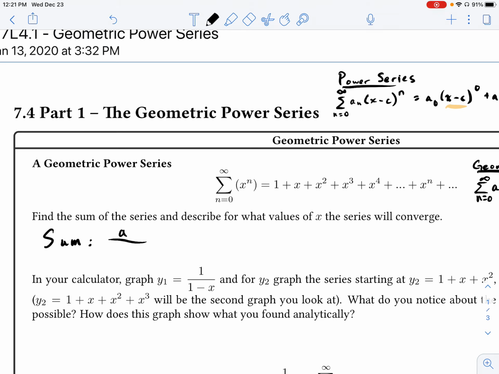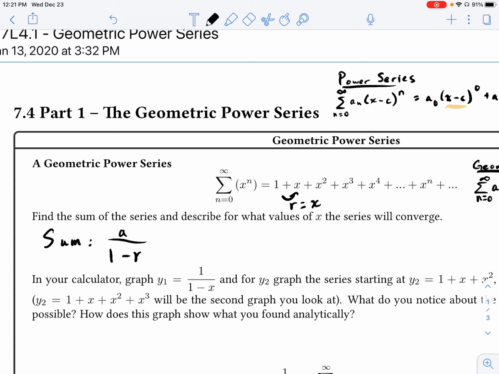And here's the sum formula that we saw in the last video. They will have a sum if the absolute value of the common ratio is less than 1. Well, if you look at this power series here, what is our common ratio again? What are we multiplying by every single time? Our common ratio is x. That's what we're multiplying each term by to get the next term.